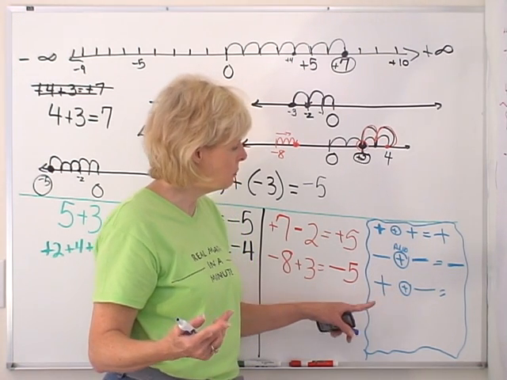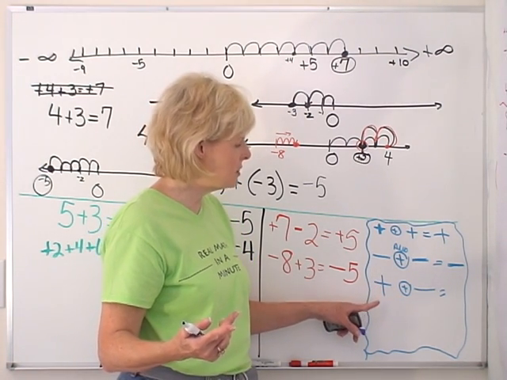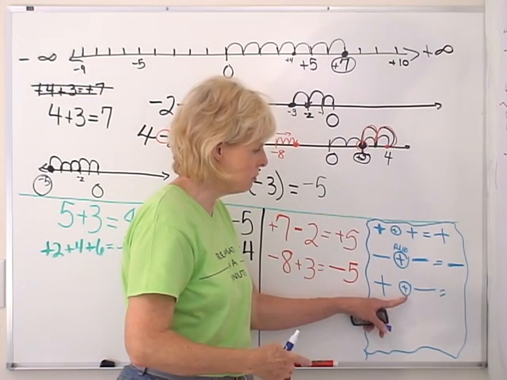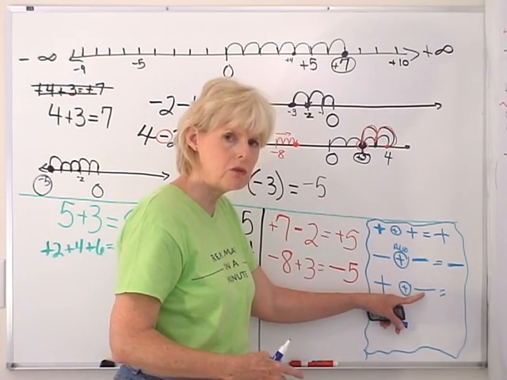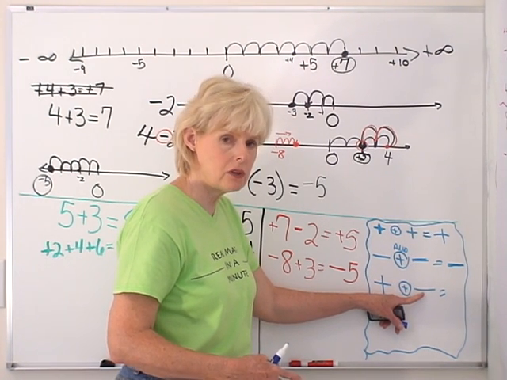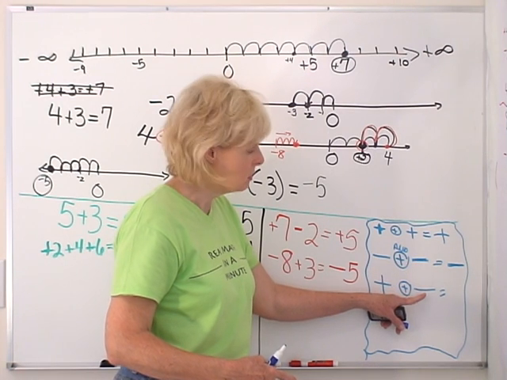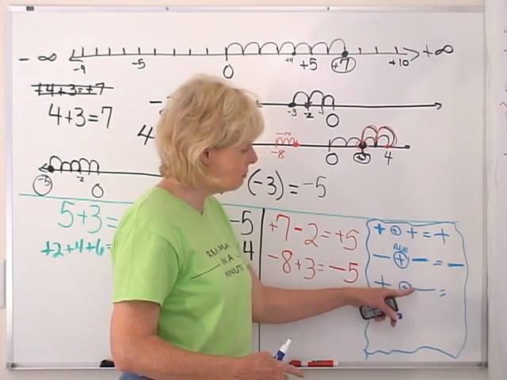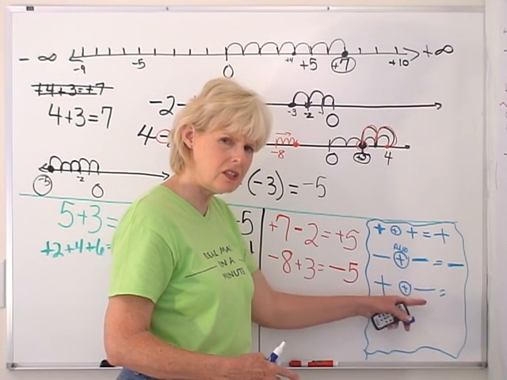Okay? But what if I had a positive 10, jumped over 10 to the right, and then turned around and went negative 1? I would still be way over there in the positive. So how do we determine whether we're going to be in the positive or in the negative if we have one of each?